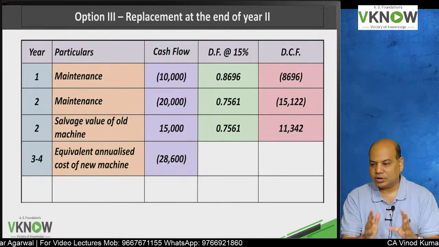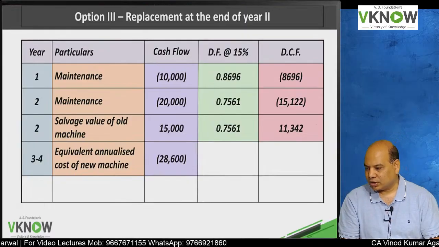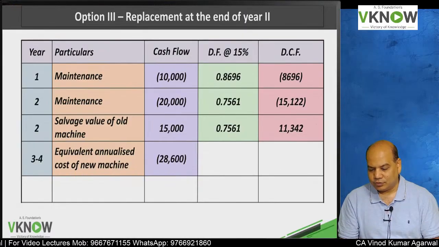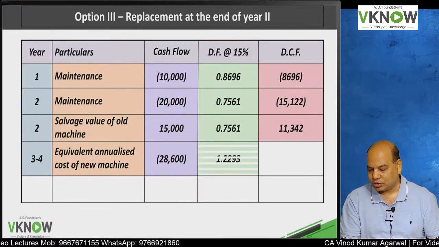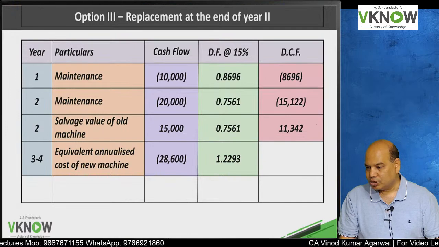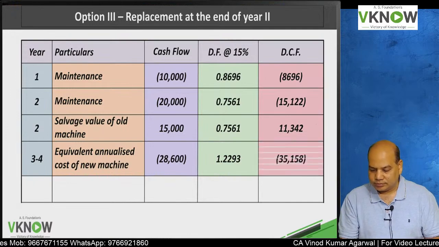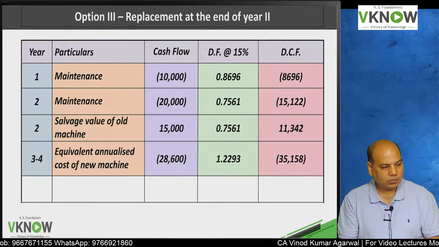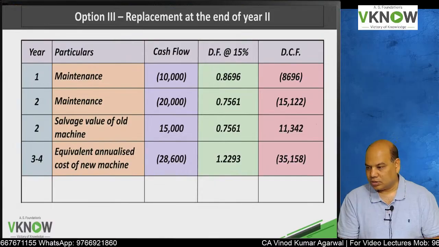Take the factor of 3 and 4 together. How much is that? Anybody? Add the factor of 3rd and 4th year. 1.2293. Multiply. Take the total of the last column.